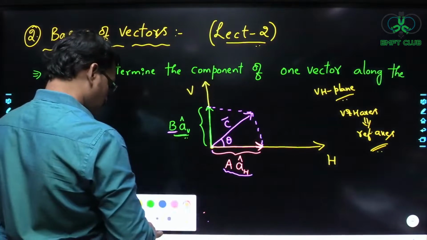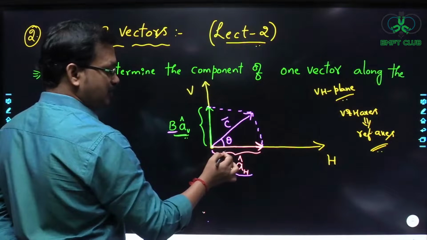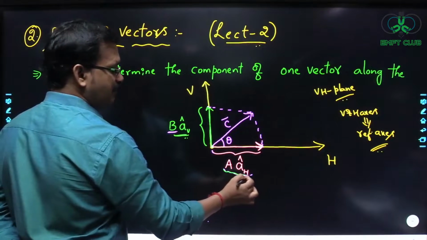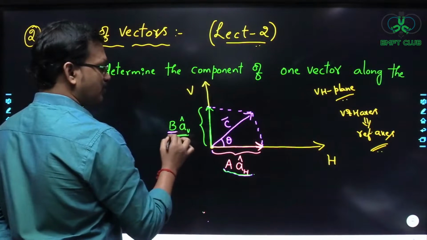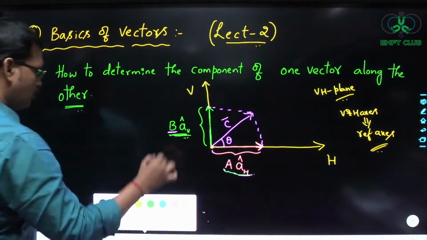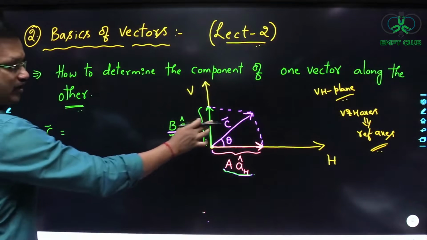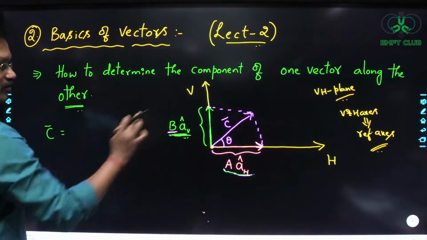So now this C bar has its horizontal component A into AH cap, and its vertical component B into AV cap. Understood? So here we can represent this C bar in terms of its horizontal component and vertical component.